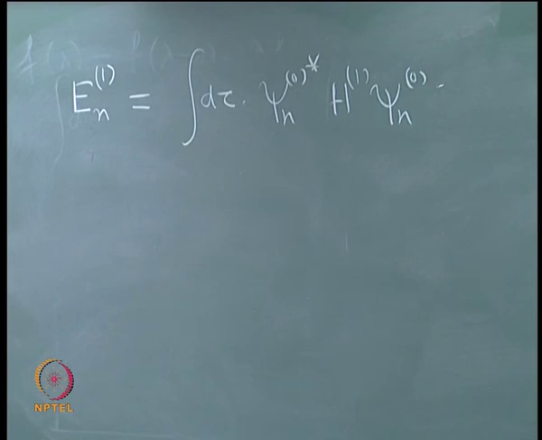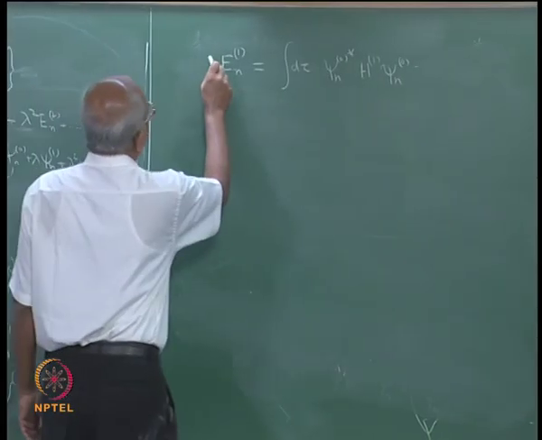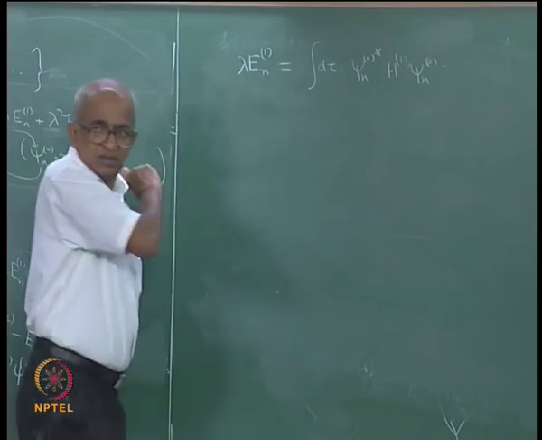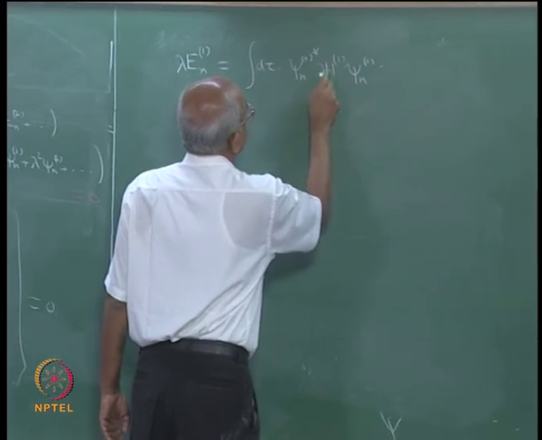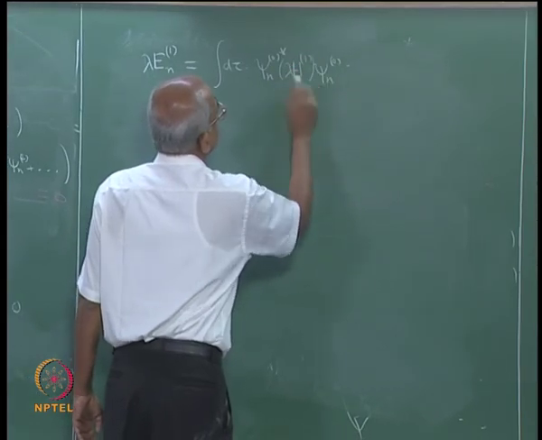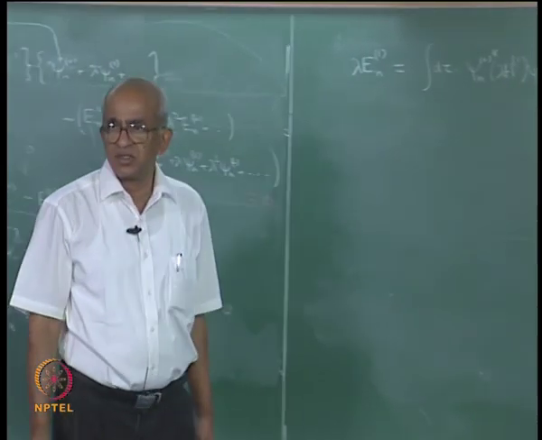Now, what is our first order correction to energy? Strictly speaking, it is lambda times that. So, I will have to put that lambda back. This is my first order correction to the energy.